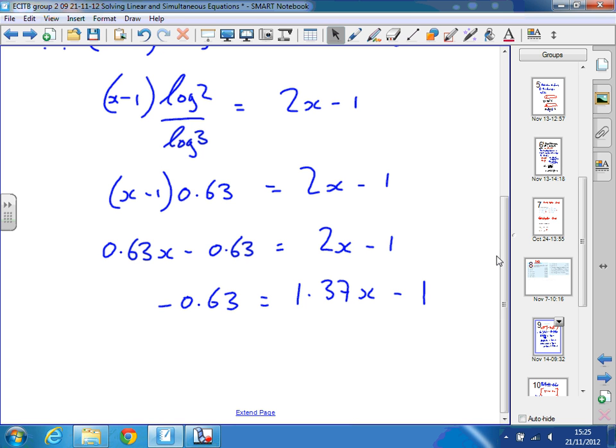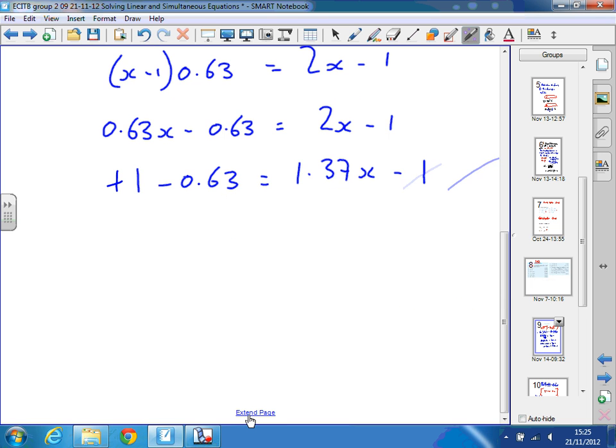I've subtracted the smaller amount of x's from both sides. And now I want to get the number, which is together with the x, over the other side, so I add 1 to both sides. Add 1 to this side gets rid of that minus 1, but I must therefore add 1 to this side as well. So I end up with 1 minus 0.63, which is 0.37.